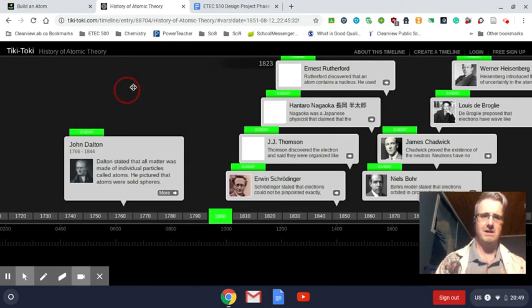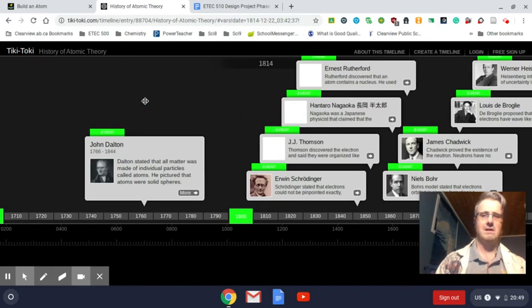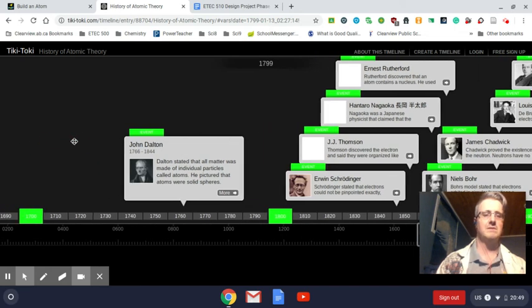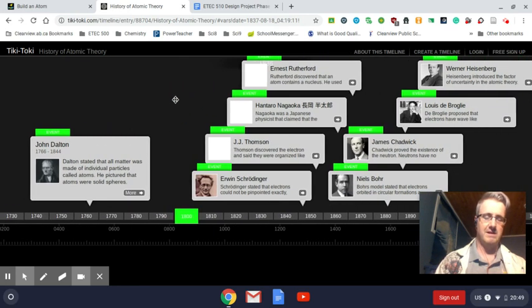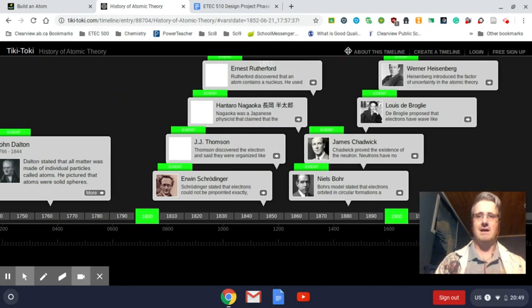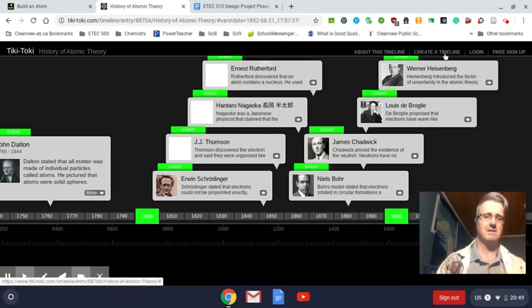Students get an opportunity to demonstrate their knowledge of the history of the atomic theory, which is one of the outcomes. They can use this, and this is actually a fantastic exemplar. But they could create their own here, and this would be fantastic.